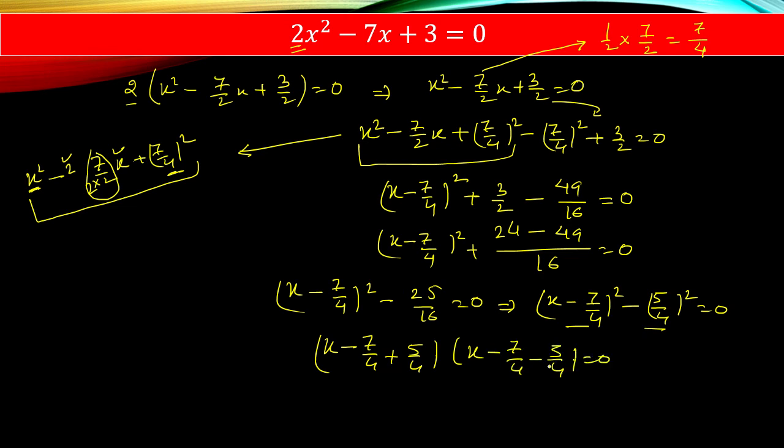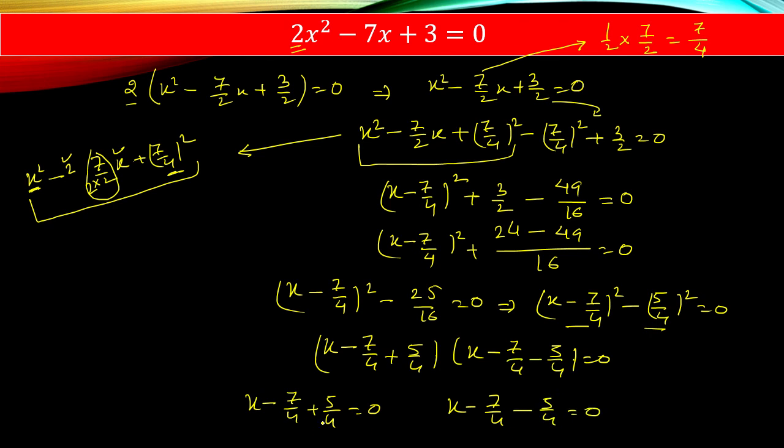If we equate the factors to 0, the first factor is x minus 7 by 4 plus 5 by 4 equal to 0, and the second factor is x minus 7 by 4 minus 5 by 4 equal to 0.